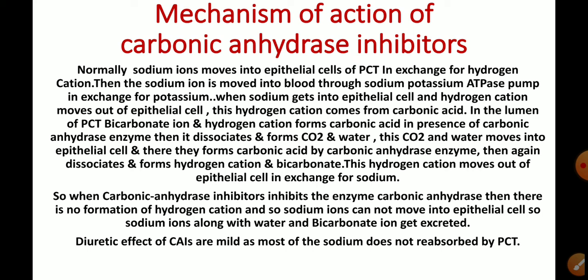This carbon dioxide and water move into the epithelial cell of PCT and there they form carbonic acid by carbonic anhydrase enzyme. Then it again dissociates and forms hydrogen cation and bicarbonate. This hydrogen cation moves out from the epithelial cell of PCT in exchange for sodium.